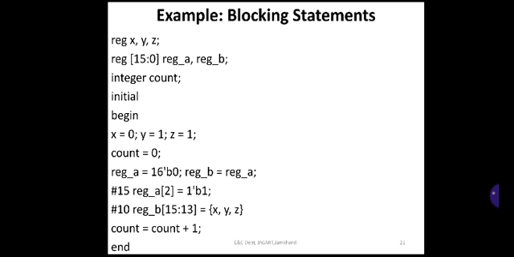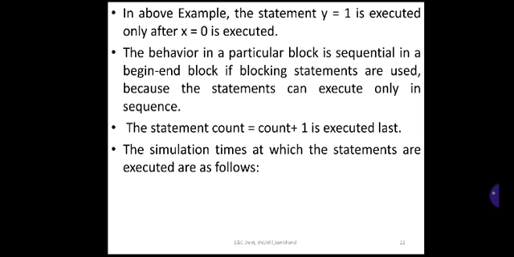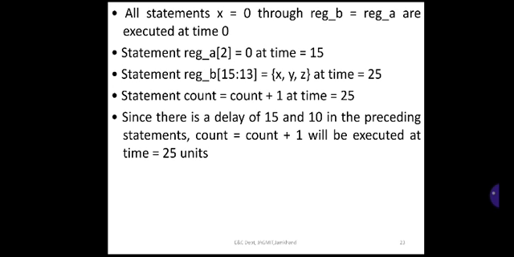So after that only this statement will be executed, because it is written in a sequential block. That's why, with the delays of 15 and 10 in the preceding statements, count is equal to count plus 1 will be executed at time 25 units. The same is explained in this slide.